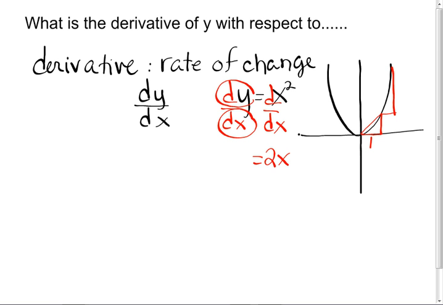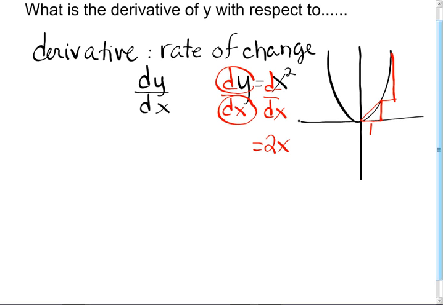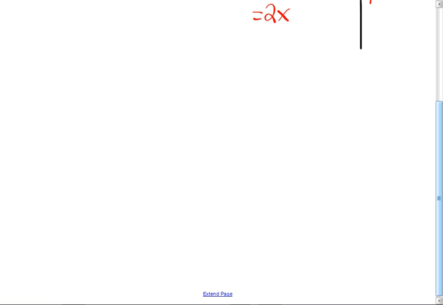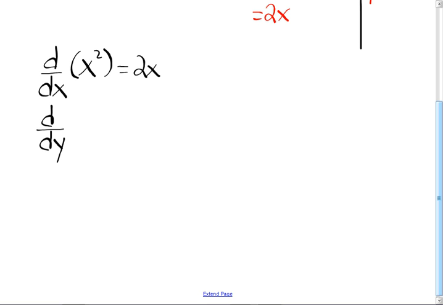Okay. Ready? Now we have to really talk about what this derivative operator looks like. The derivative with respect to x of x squared is 2x. We're okay with that. The derivative with respect to y of y squared is 2y.